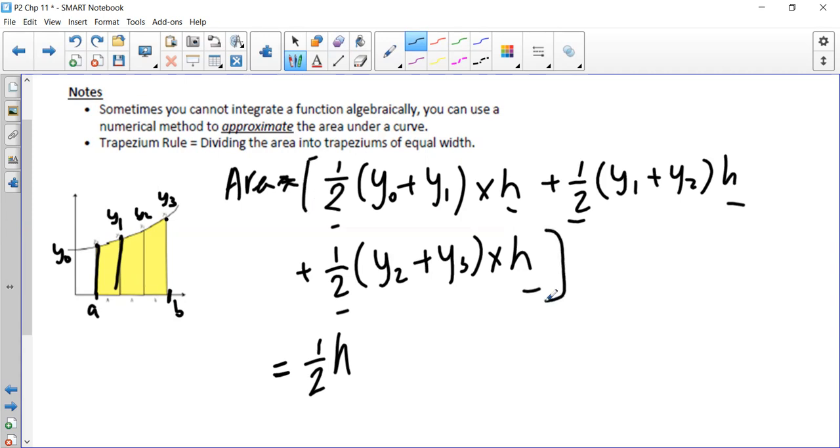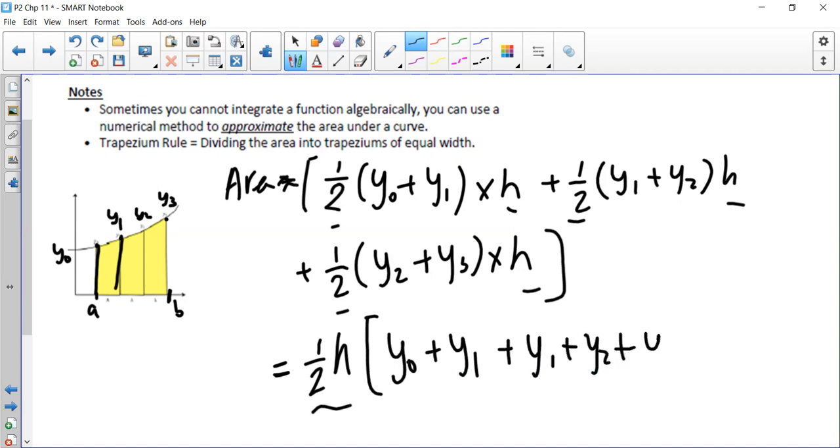But this expression actually equals the next part, because what we write next equals the previous part, not roughly equal to the area. So it's half h times a factor of half h. The first term I'm left with y0 plus y1, second term y1 plus y2, third term y2 plus y3.